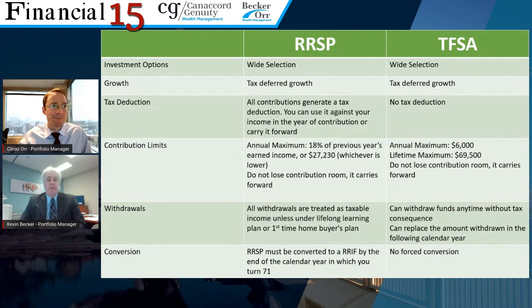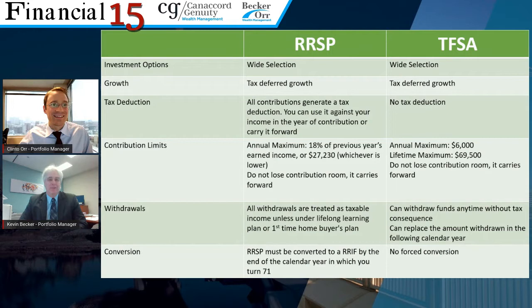So if you've earned income, you're allowed either 18% of your year's income up to a maximum of $27,230, whichever one is lower. And in the TFSA, you're allowed $6,000 maximum. Of course, that number can increase depending on the indexing for the Canadian index fund going forward. So that's part of the differences between the two of them.